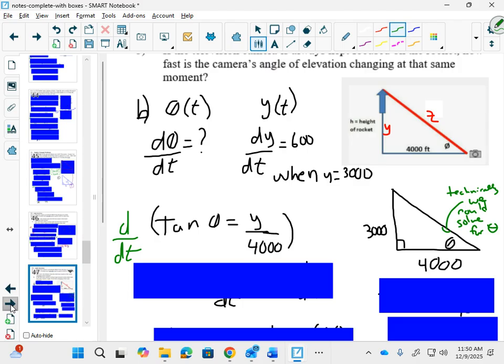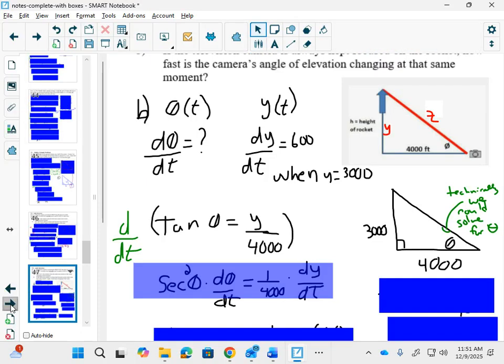I write that technically because we're going to find out, and we can actually skip solving for it if we want to, making our life even easier. But we'll get there in a second. Okay? So if I did the derivative with respect to time, the derivative of tan is secant squared theta, and then it's a chain rule, dθ/dt, equals 1 over 4,000 dy/dt.